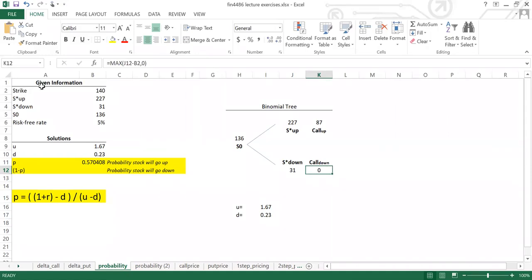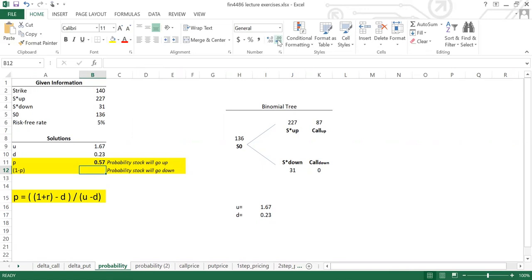Okay, but going back to probabilities, we just calculated the probability of the stock price moving up. What is the probability conversely of the stock price or the call option being in the bad state of the world, or the stock price moving down?